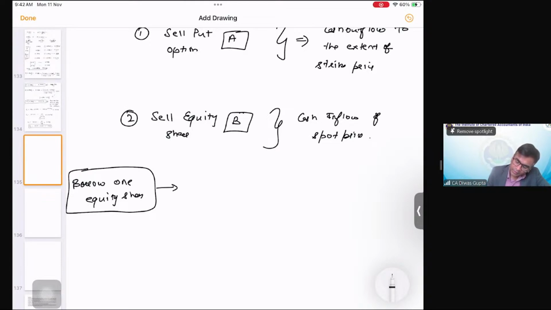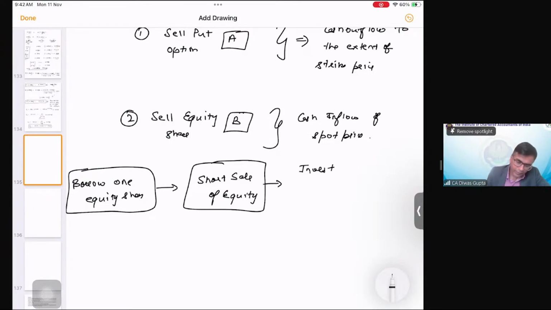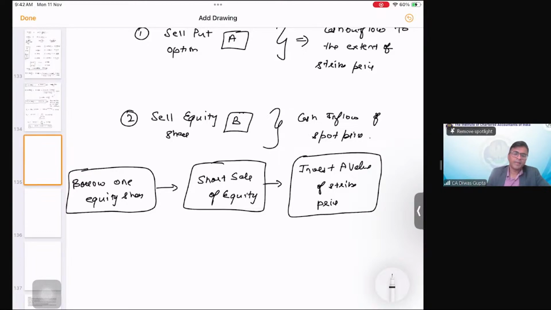Then we do a short sale of equity. Step number two. After short selling it, we will invest the present value of strike price, correct?